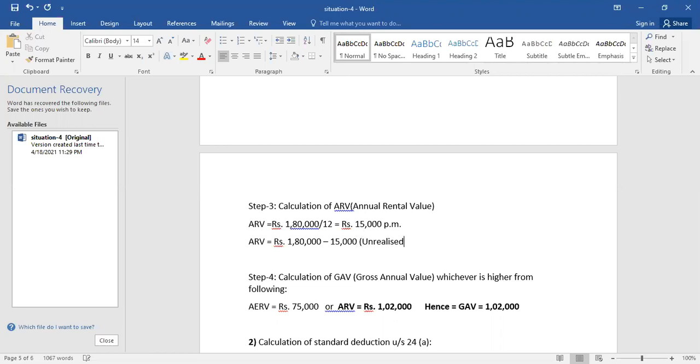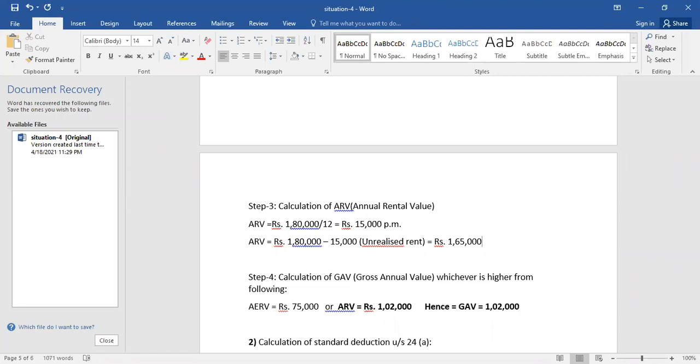Okay, and when both vacancy and unrealized rent are there, both should not be deducted at a time from ARV. So in such a scenario, it is becoming rupees 1,65,000.